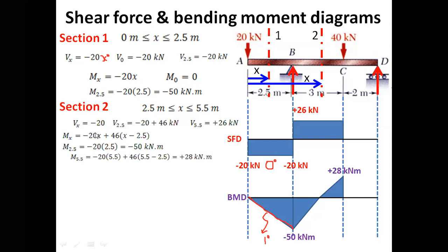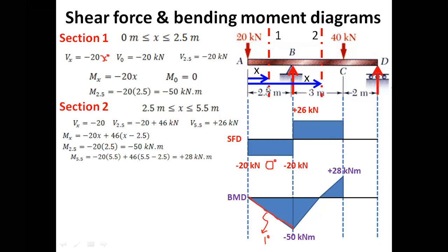So Vx is minus 20 kilonewton and plus RV, which we have already computed as 46, so in the upward direction, plus 46. So Vx, here it is a typo, so Vx is equal to minus 20 plus 46 kilonewton.